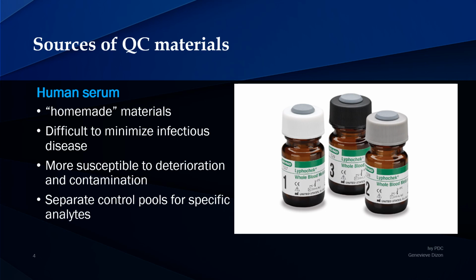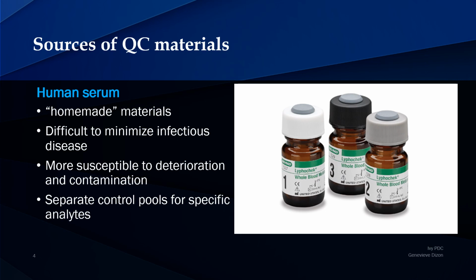They are also more susceptible to deterioration and contamination. So human serum has the possibility of losing its potency faster than the other source. Also, you need to have separate controls for the specific analytes. Since iipunin mo lang ito, for example, you need to have a separate control pool for blood sugar, a separate control pool for cholesterol, a separate control pool for triglycerides.